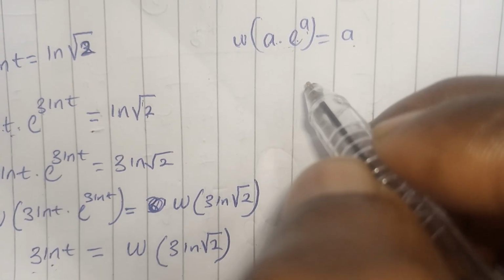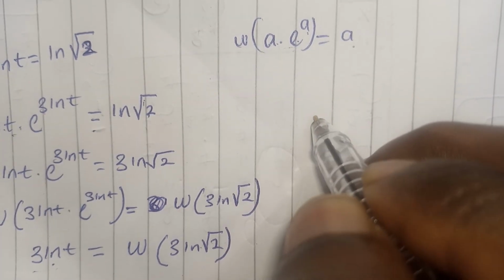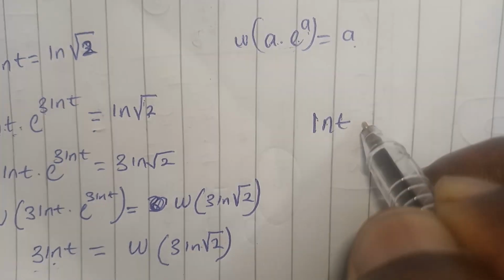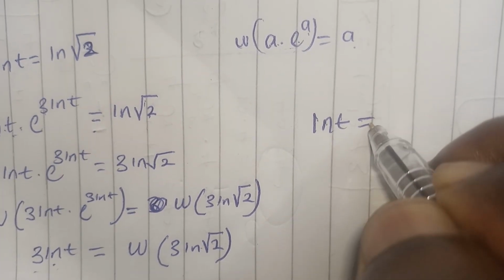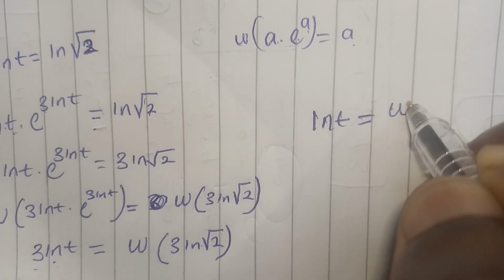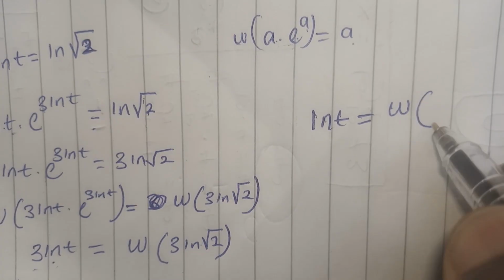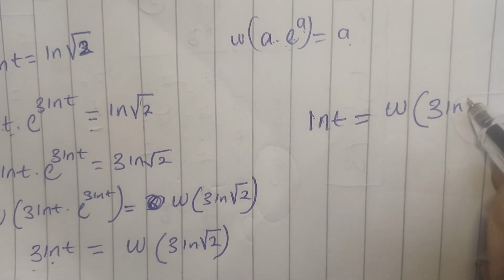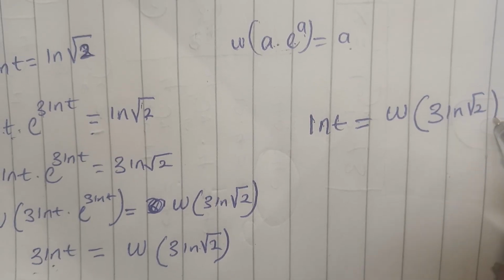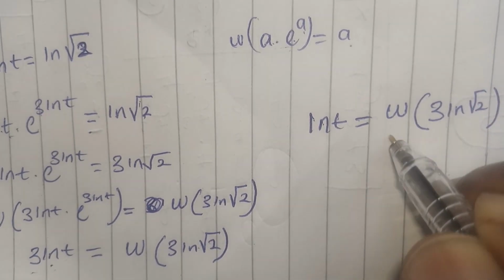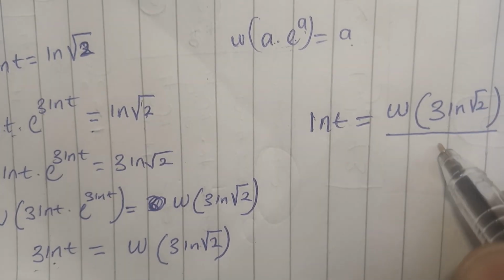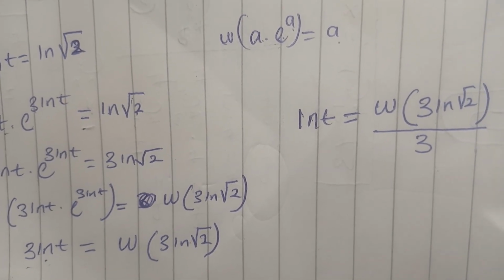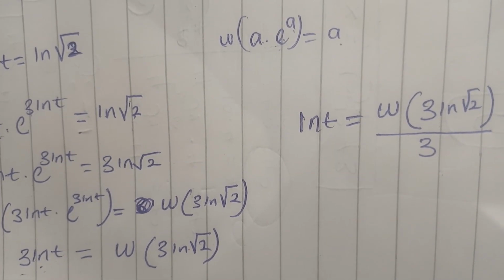So if we should do that, we're simply going to have ln of t is equals to the Lambda doublet function into 3, okay, ln of root 2, over 3.